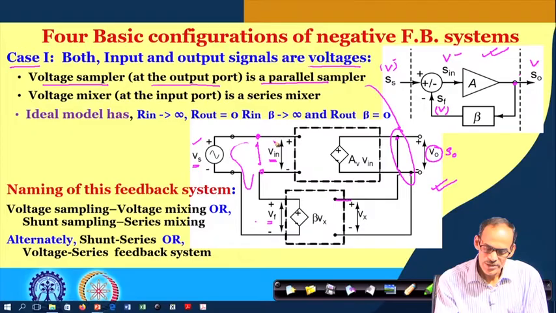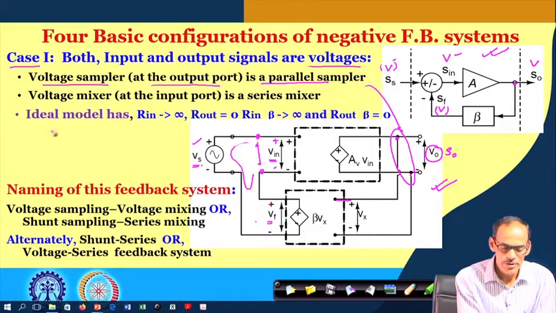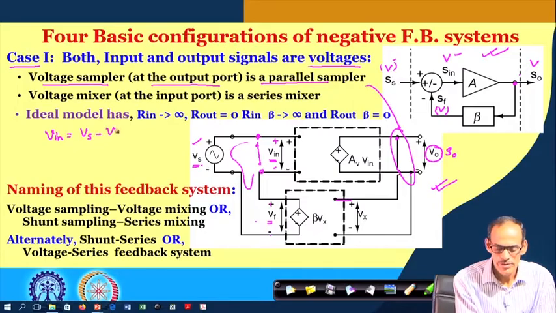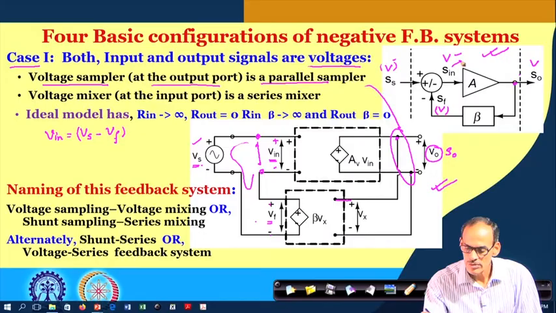So, if I say that this is V in, this is plus and this is minus, V in equals V s minus V f. If you see carefully, the polarity indicates that V in equals V s minus V f. In fact, that is what we are looking for, S in equals S s minus S f.